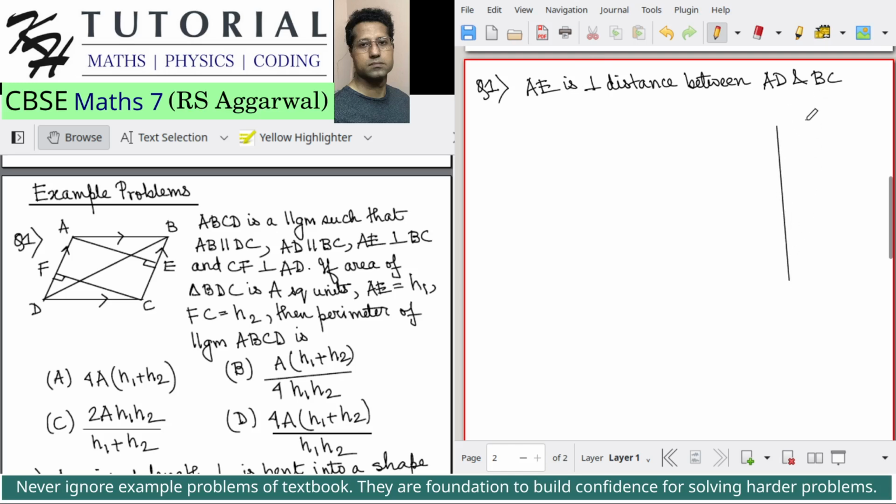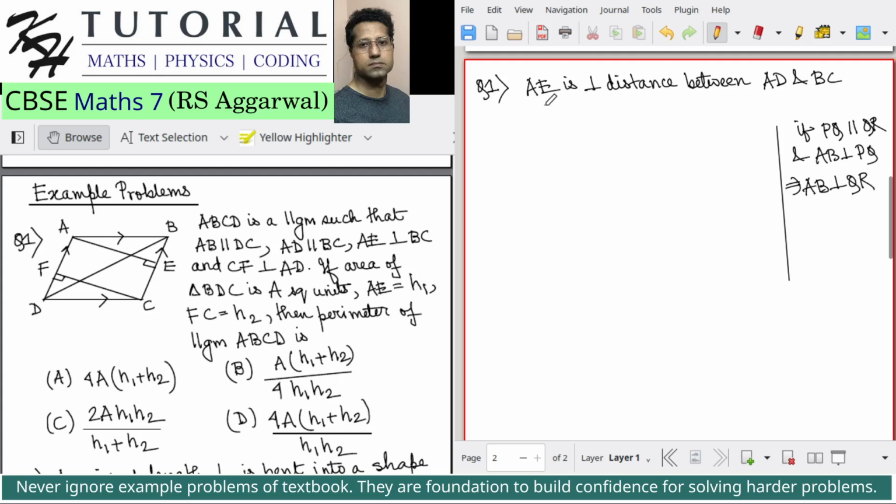A side concept: let's say the line segment PQ is parallel to QR, and let's say AB is perpendicular to PQ, this will also imply that AB is perpendicular to QR. So if a line segment is perpendicular to one of two parallel lines, then it will also be perpendicular to the other parallel line.